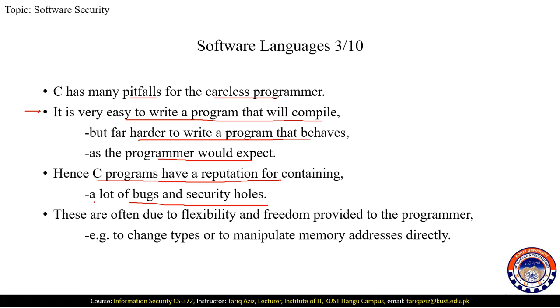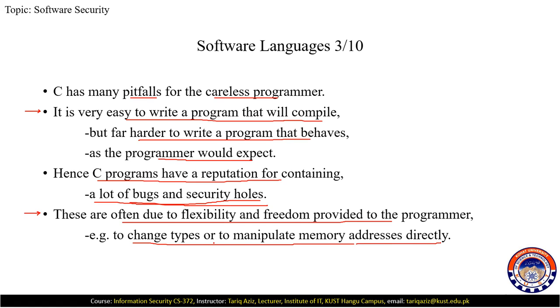Dear students, focus on this point: if you use C language to develop your software, then bear in mind that C language contains a lot of bugs and security holes. And why is this? The reason is here, in the last point. The reason is the flexibility and freedom provided to the programmer to change types or to manipulate memory addresses directly.